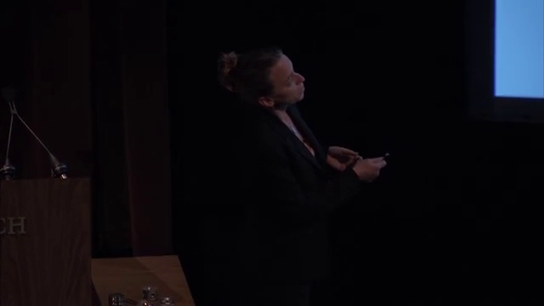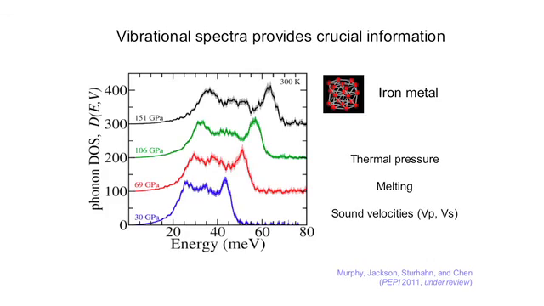This is something that we're developing right now, so this is very new. And we're able to determine the pressure accurately because of those vibrational measurements that I just showed here. This is able to tell us accurately what the thermal pressure of the whole system is at these high temperatures.